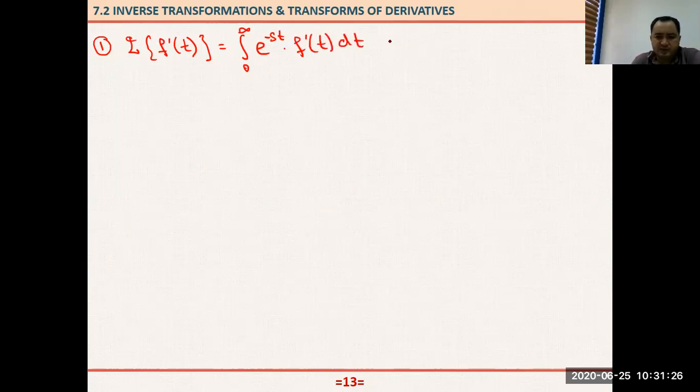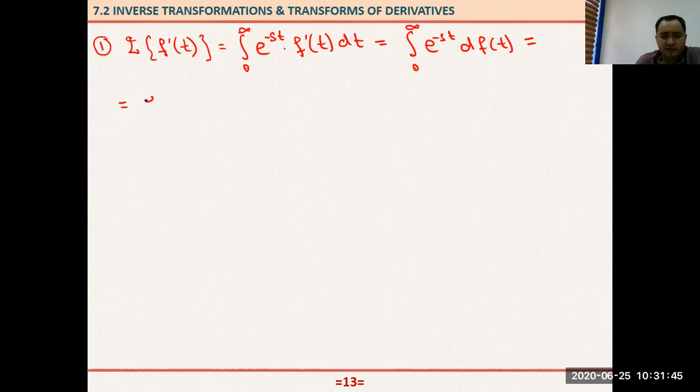So I can just bring this inside. What I get here is the integral from 0 to positive infinity of e to the power minus st df of t. We know how to calculate this integral, just integration by parts.